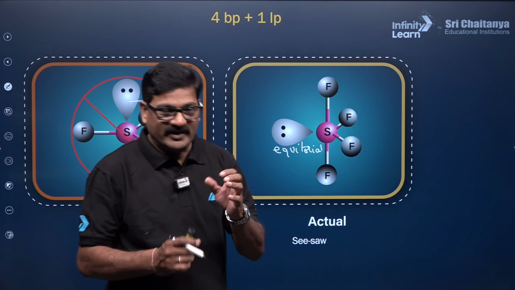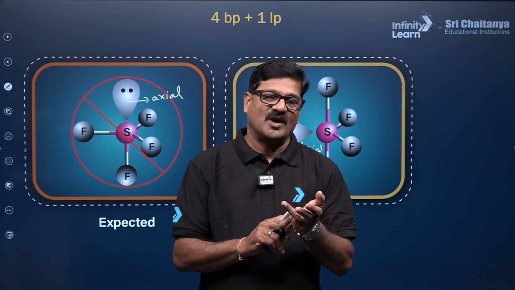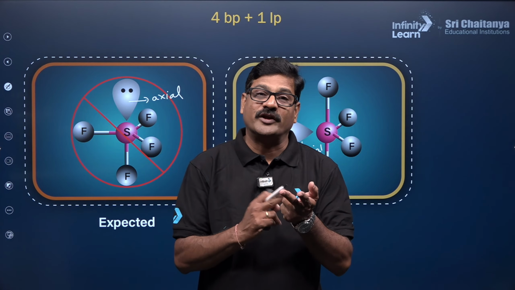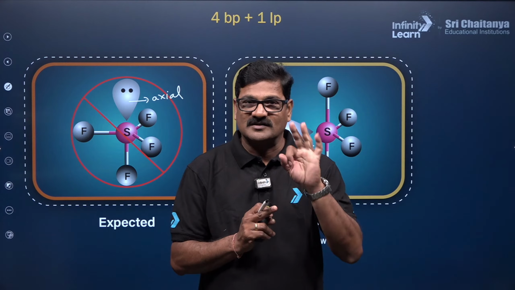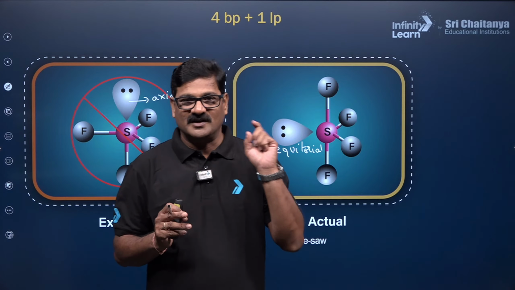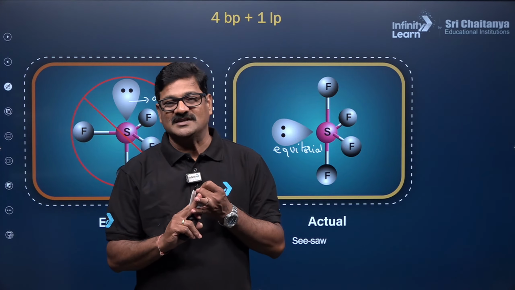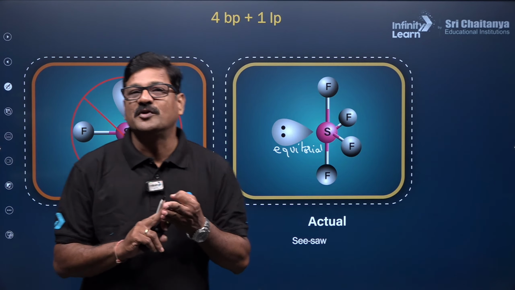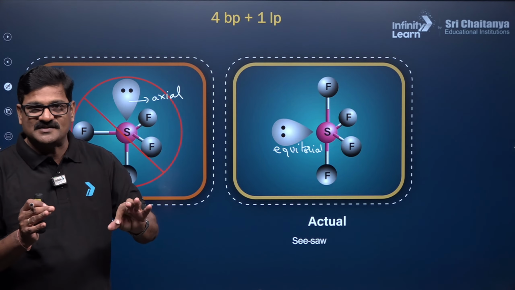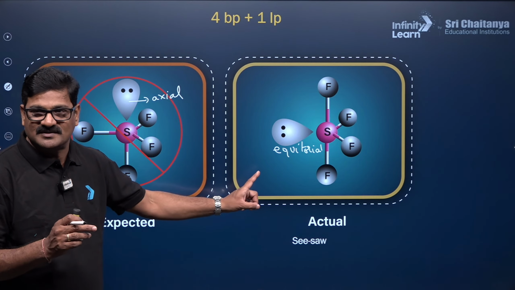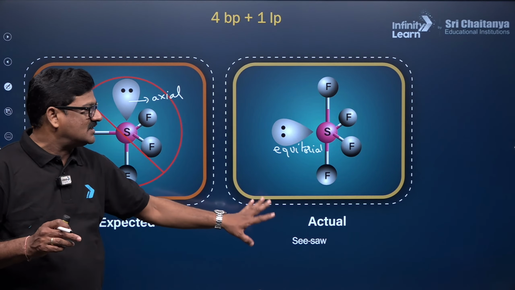A simple trick: whenever a lone pair is present, whenever an electronegative element is there, whenever a multiple bond is there, what are the 3 conditions? Whenever a lone pair, an electronegative element, or a multiple bond is present in the TGBP, it has to be placed in the equatorial position.